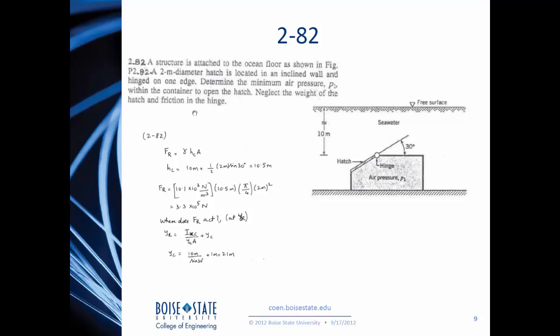Since it is 2 meter diameter, the radius will be 1 meter. So YC measured from the sea surface all the way on to the hatch center is 21 meters. And remember, the resultant hydrostatic force always acts at a location below YC.